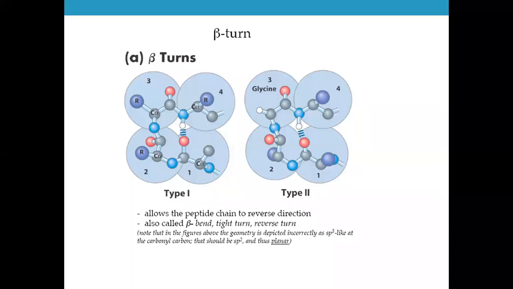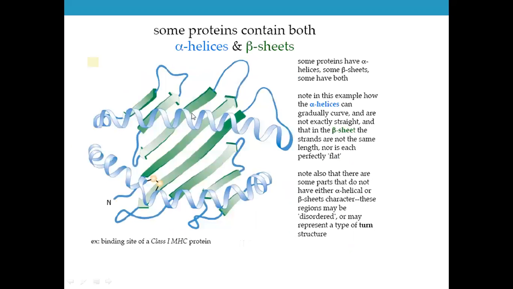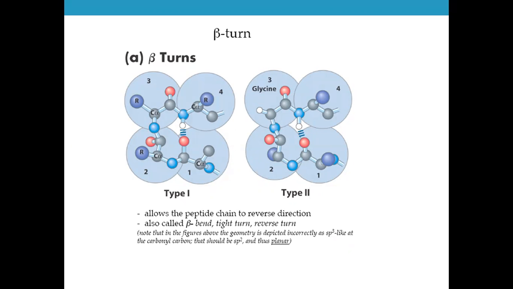So there is what we call a beta turn. The beta turn allows the peptide chain to reverse direction, and is also called a beta bend, tight turn, or reverse turn. So what is that? You have 1, 2, 3, 4, getting some turns.